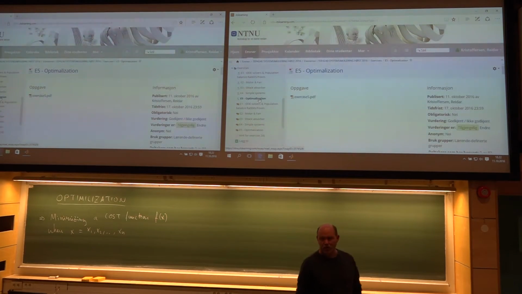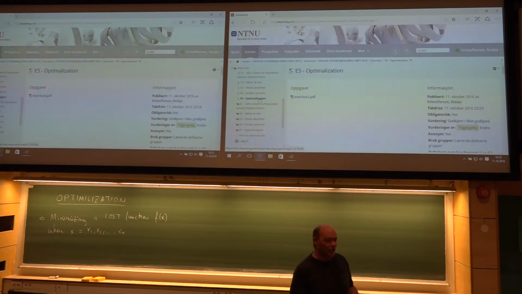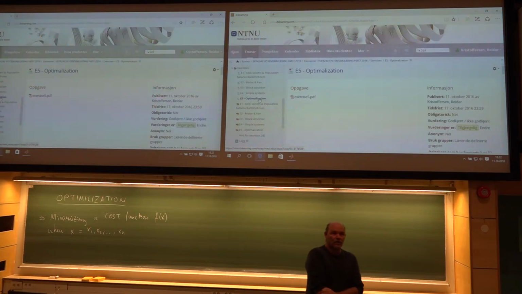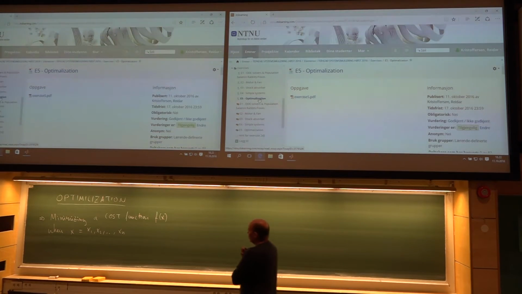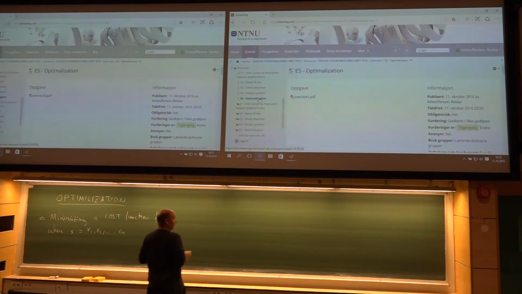If x is 1 or maybe 2 parameters, then this is not a big deal at all. But when n becomes 3, 4, bigger numbers, it's very difficult indeed. So actually, optimization can be a pretty huge topic. Here we are just going to touch the area. So, minimizing a cost function. Let's jump directly to an example.